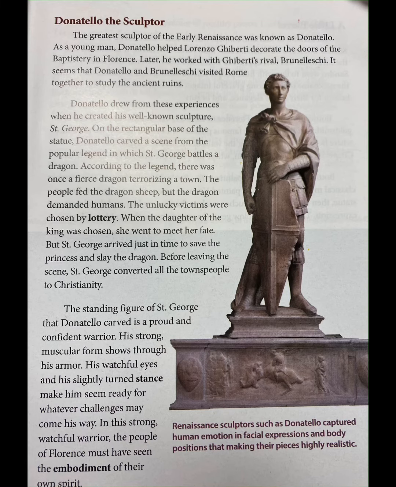Donatello the sculptor. The greatest sculptor of the early Renaissance was known as Donatello. As a young man, Donatello helped Lorenzo Ghiberti decorate the doors of the baptistery in Florence. Later, he worked with Ghiberti's rival Brunelleschi.